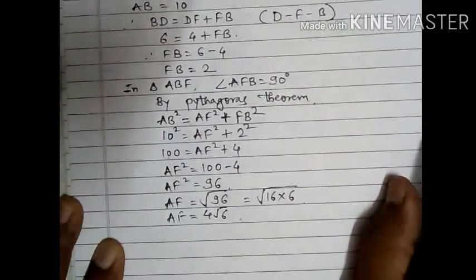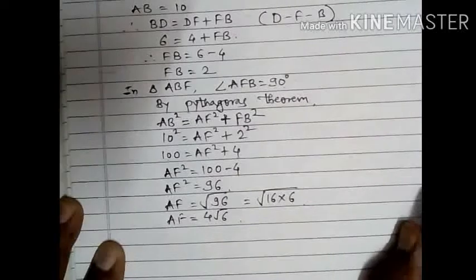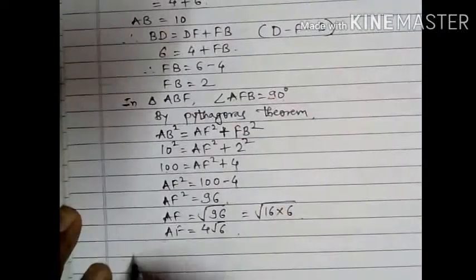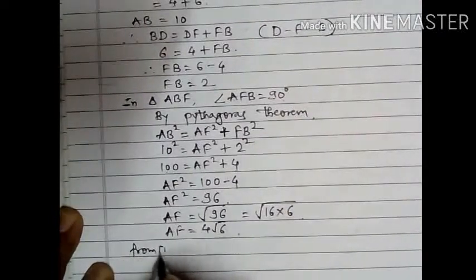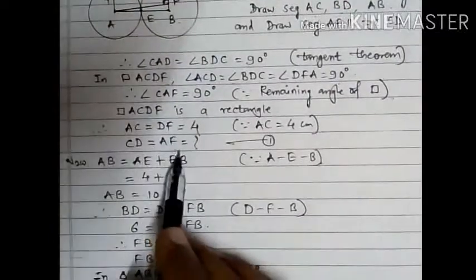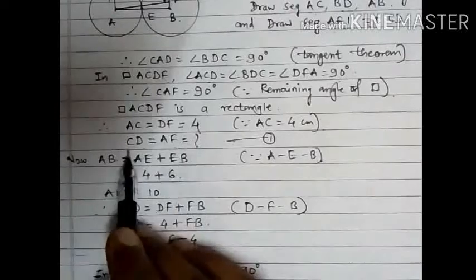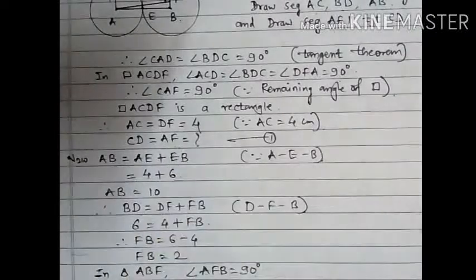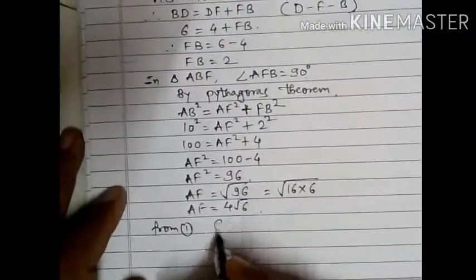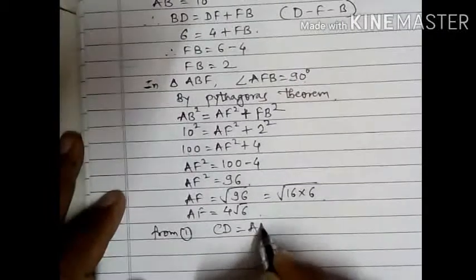Also we know that the opposite sides of a rectangle are congruent. From equation first, here note that CD is equal to AF. Therefore from first, CD is equal to AF.